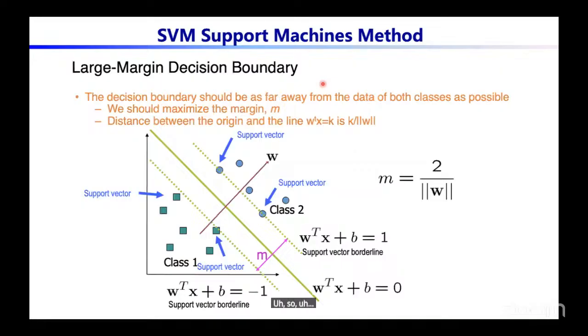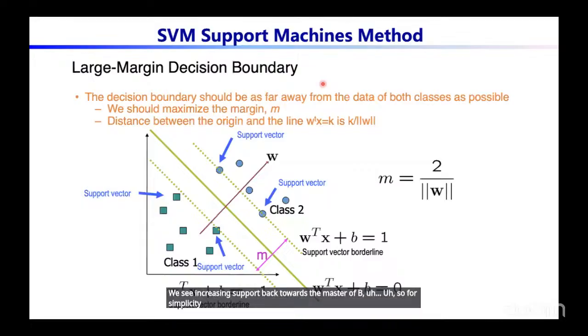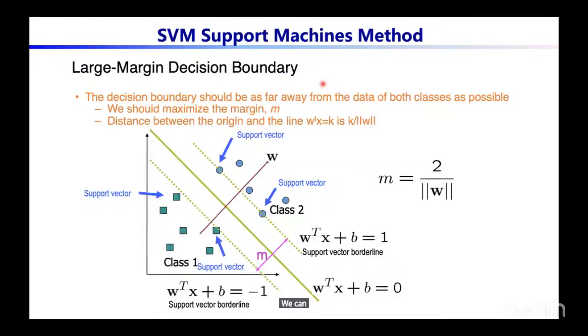So this requires us to determine which equation support vectors must obey. For simplicity, we can first assume support vectors are all along a particular line.